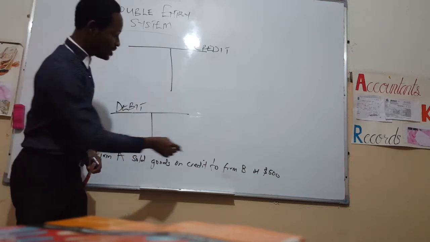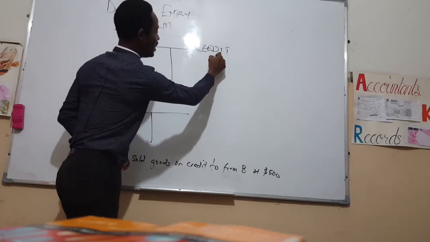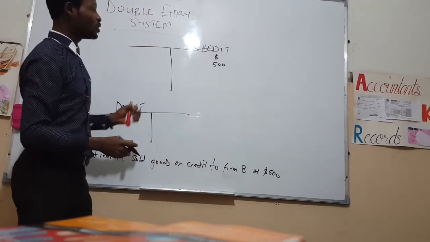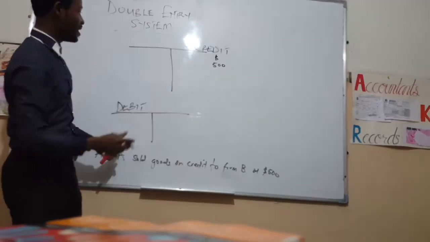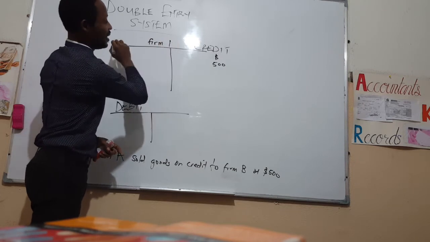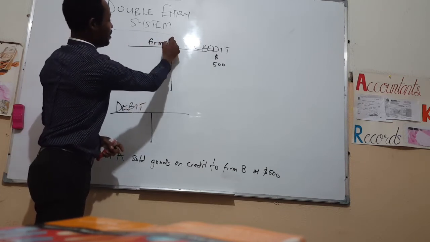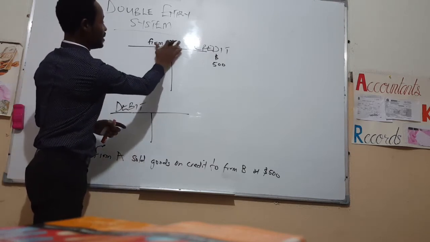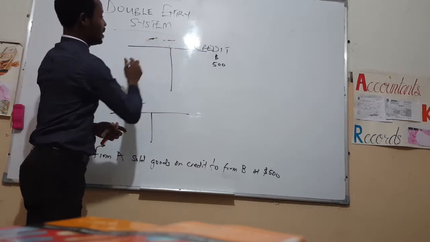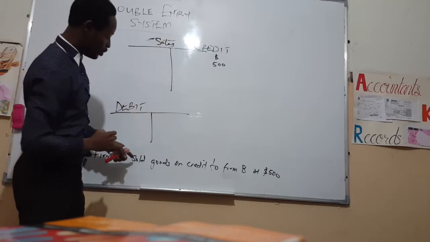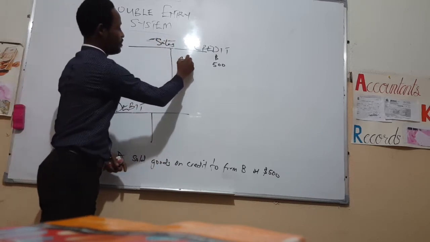That means we will record that transaction in the credit side, but it was given to firm B. That means this will be firm A's account. Firm A is given. Since it is given, it is sales account, and it was sold to firm B.